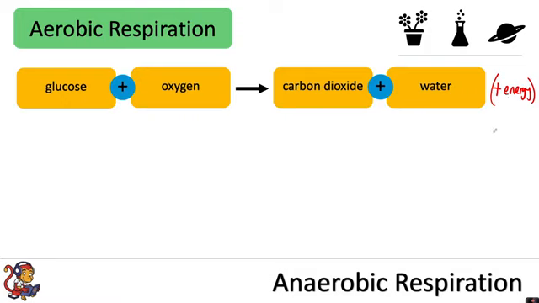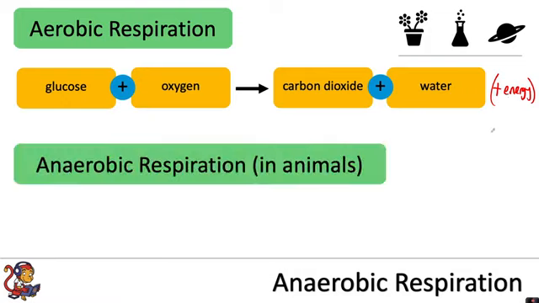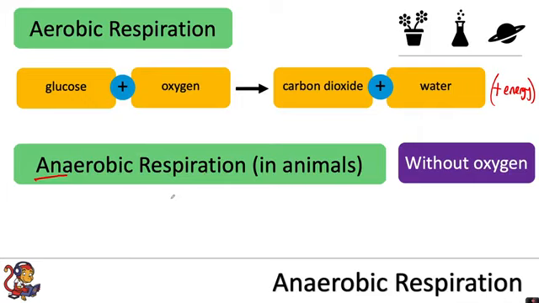However, there is a second type of respiration called anaerobic respiration. And anaerobic respiration means without oxygen. So in anaerobic respiration, we're going to lose the oxygen from the beginning of the equation. So we start off with just glucose, and this time it's not reacting with oxygen, so it makes different products.